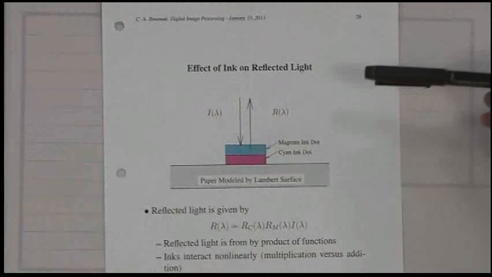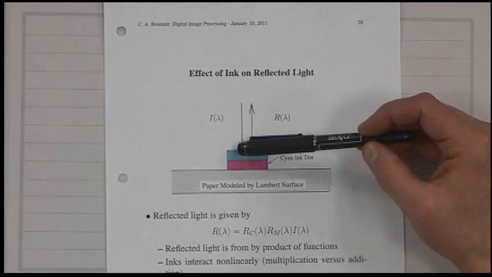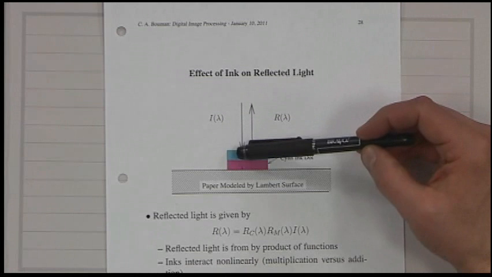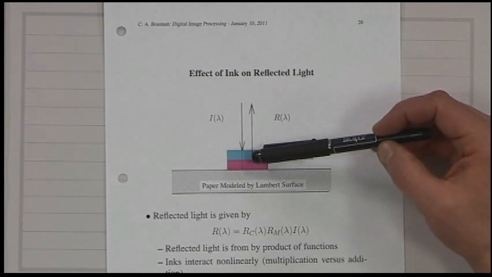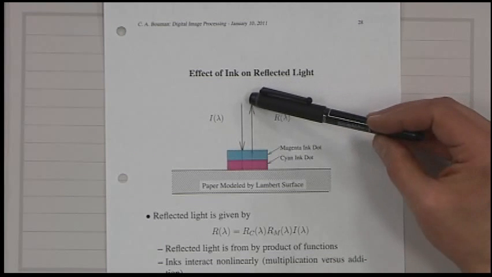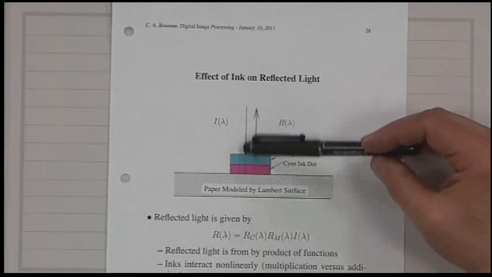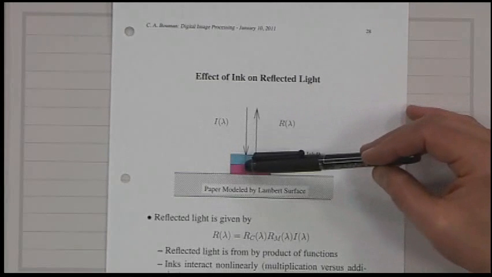But then you put inks or dye on the page, and as light goes through, the light is absorbed. If you recall, when we talked about CT or computed tomography, we talked about Beer's law, where the light is absorbed exponentially as it passes through a material. So here the absorption becomes a function of wavelength.